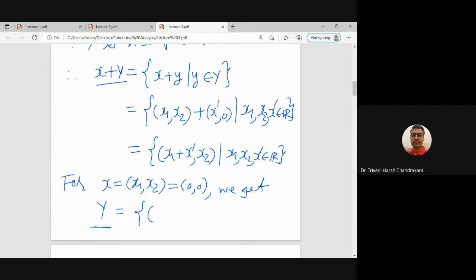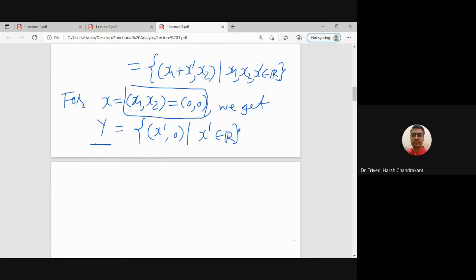So what is that set? Whenever we take X1, X2 to be 0, we get (x', 0), where x' belongs to R, right?